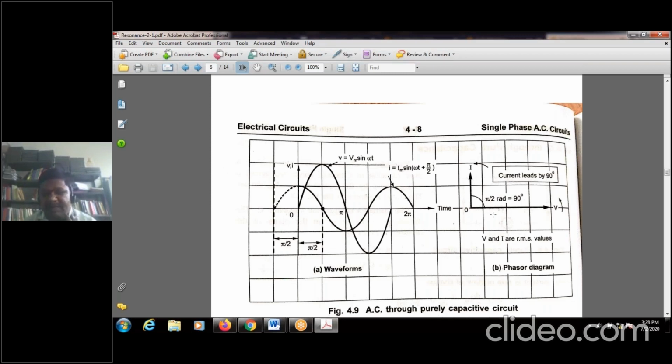Whereas in an inductor the current lags by 90 degrees, in a capacitor the current leads by 90 degrees, and in a resistor both are in the same phase. Just remember these three components' response for sinusoidal input with respect to the phase angle of applied input voltage and resultant current.